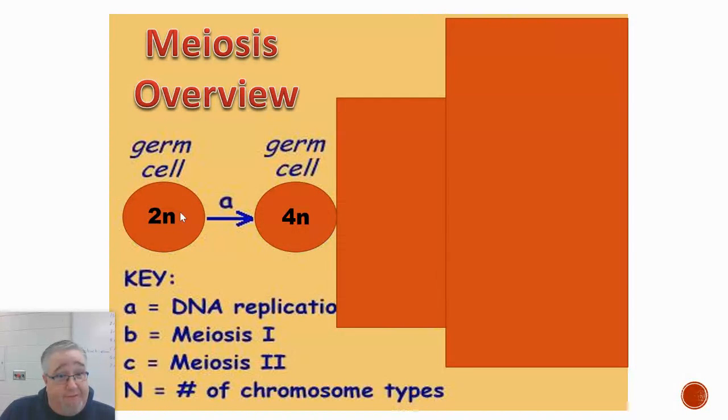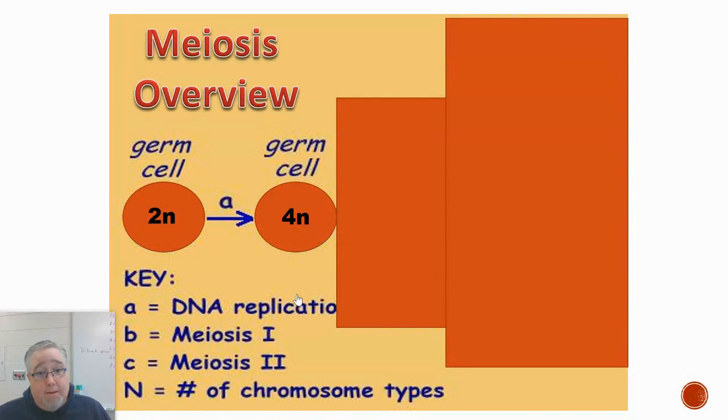So again, we went from 46 to 92. Now, how does that happen? Well, it happens when DNA copies itself. So in this first step of meiosis, we get DNA replication. All the chromosomes copy themselves, so 46, now we have 92. That happens in males. It also happens in females.